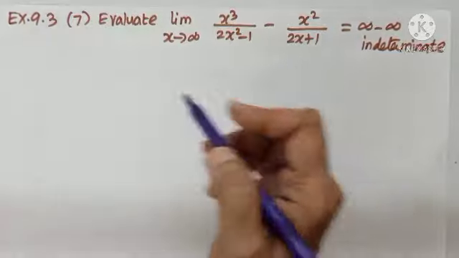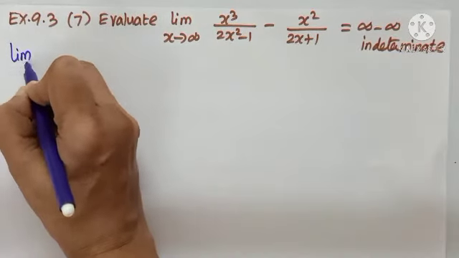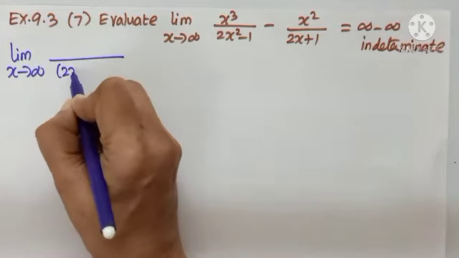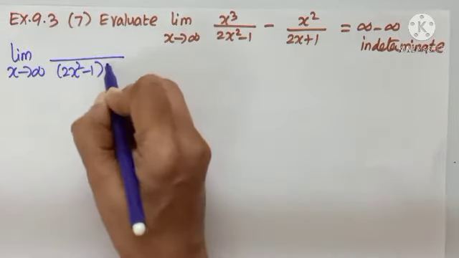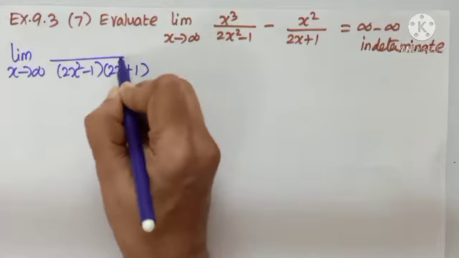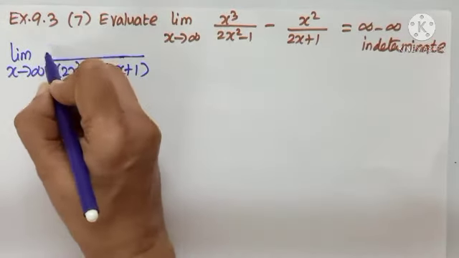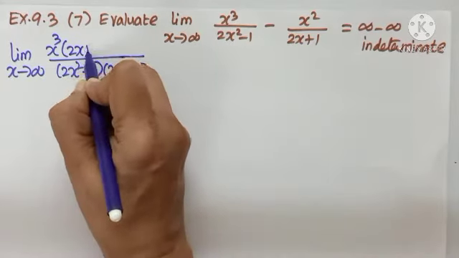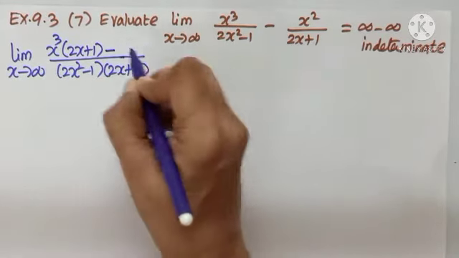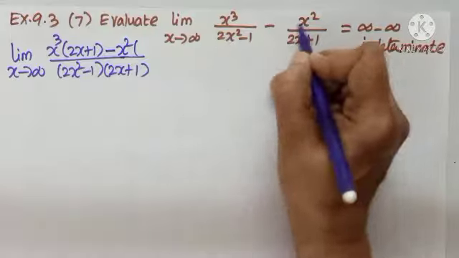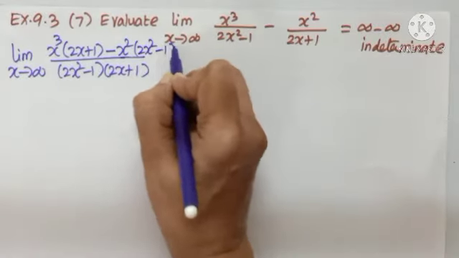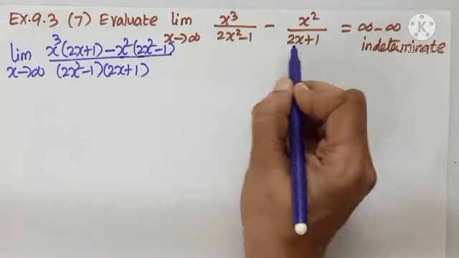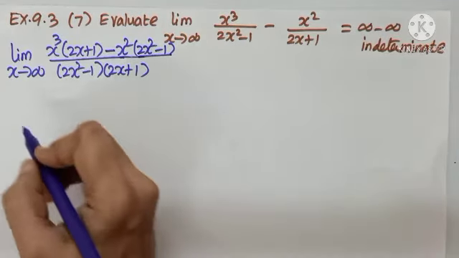So let us take the LCM. Limit x tends to infinity, the denominator 2x square minus 1, here the denominator 2x plus 1. As I cross multiply: x cube into 2x plus 1 minus x square into 2x square minus 1. So we just cross multiply as we take the LCM as the product.